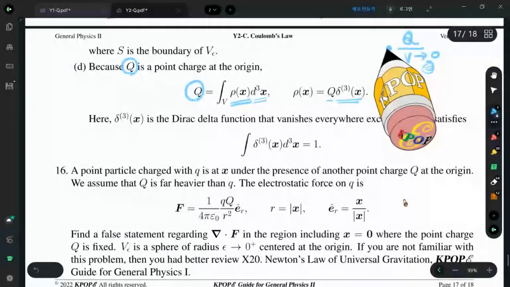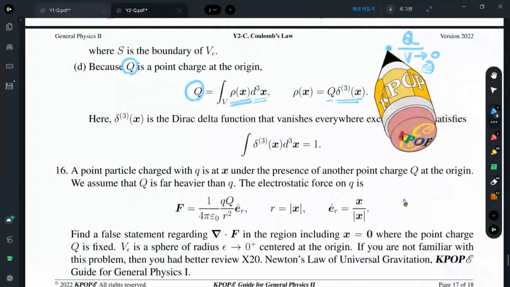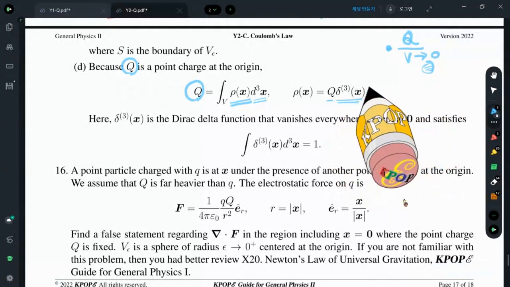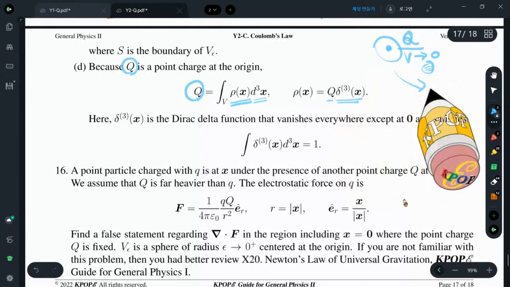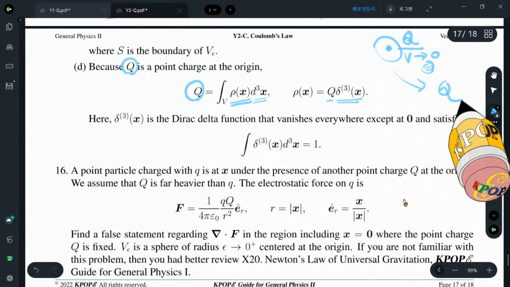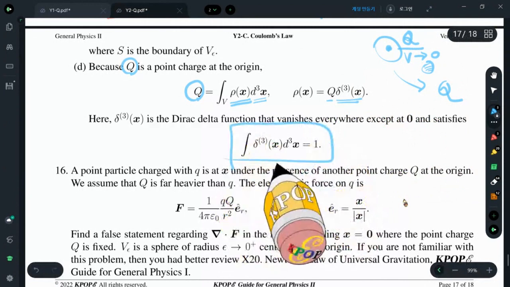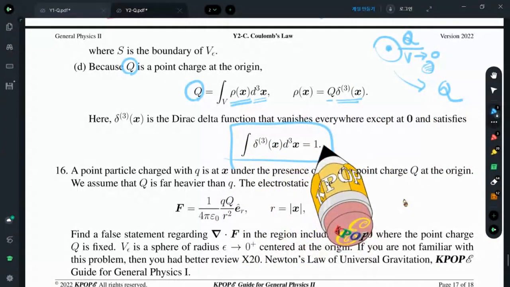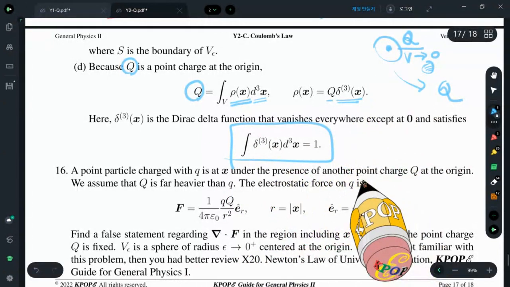So mathematically, the density of the electric charge due to a point charge is infinite at that point. However, because the volume integral must give the net charge Q, this function is nothing but a function whose volume integral is 1. Instead, it diverges at x equals 0.